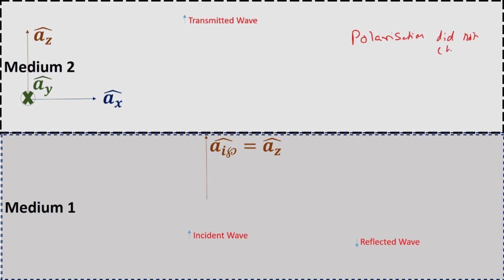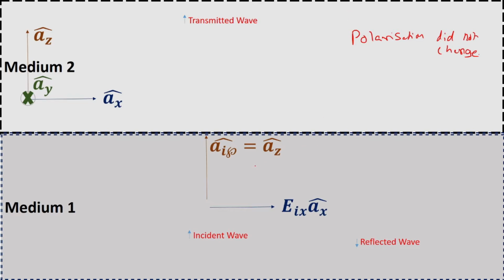When I say polarization, it is the direction of electric field intensity inside an electromagnetic wave. In detail, we would discuss this polarization in the next module. But right now, we assume that the polarization did not change. That is, the direction of electric field intensity did not change, and that electric field intensity is assumed to be in the direction of ax cap.